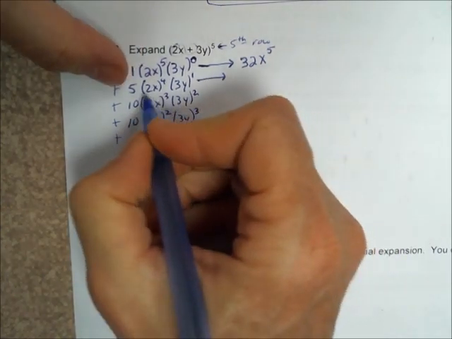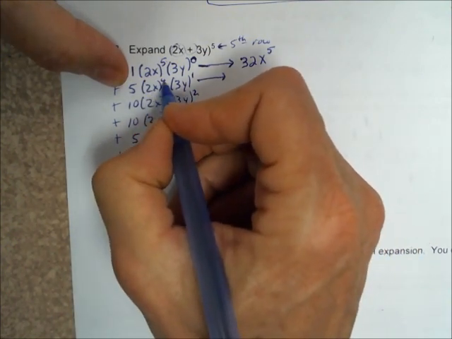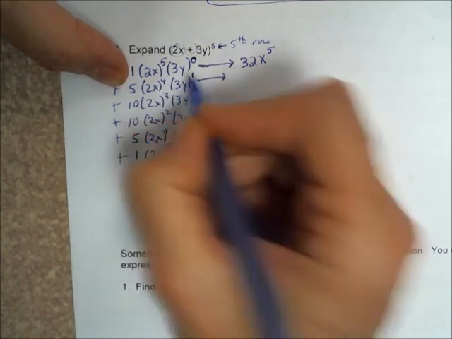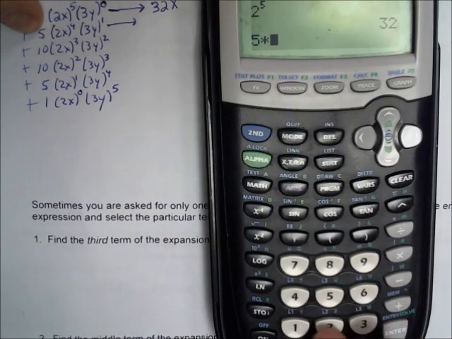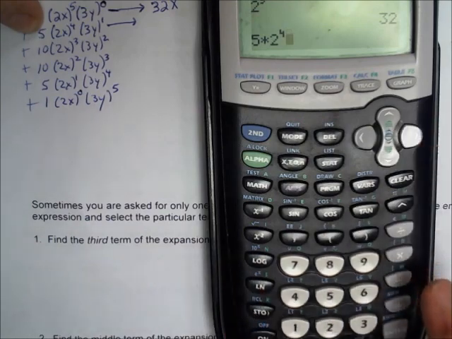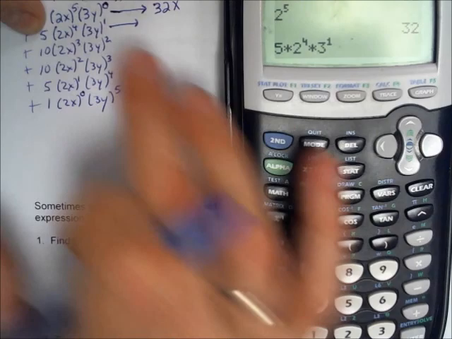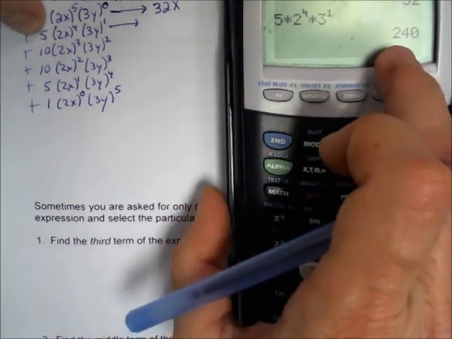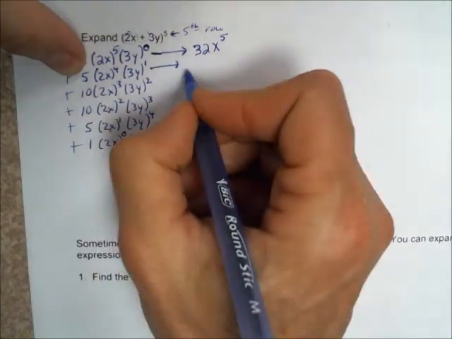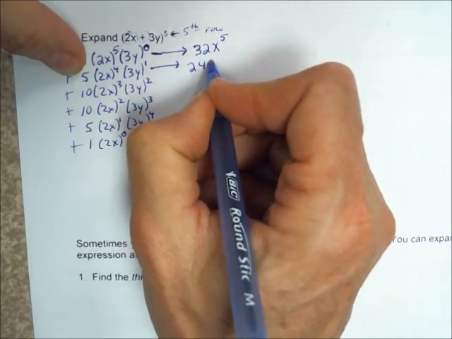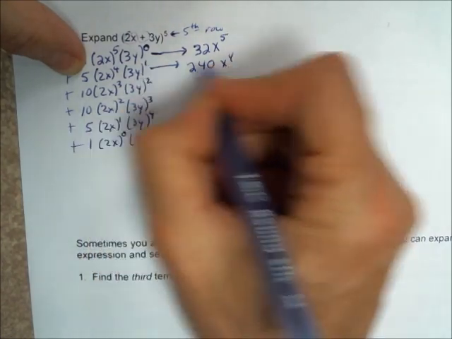The next term we have is 5 times 2 to the 4th times 3 to the 1st. Let's do the numeric ones: 5, 2 to the 4th, 3 to the 1st. That is 240, and we have an x to the 4th, and we have a y to the 1st.